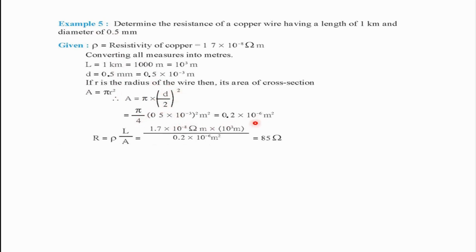Putting all these values over here, we get this as our area. Now applying this formula, R equal to rho L by A, we'll get 1.7 into 10 raised to minus 8 into 10 raised to 3 upon 0.2 into 10 raised to minus 6. Ultimately, we get 85 ohm as the answer for the sum.